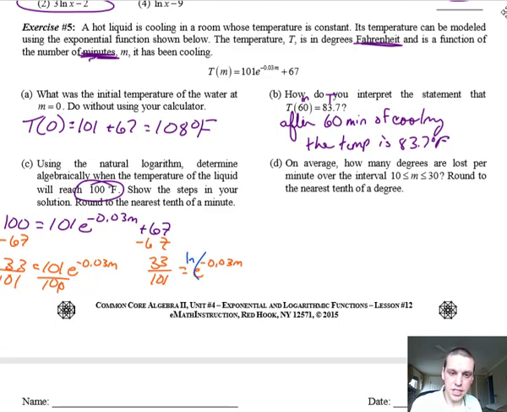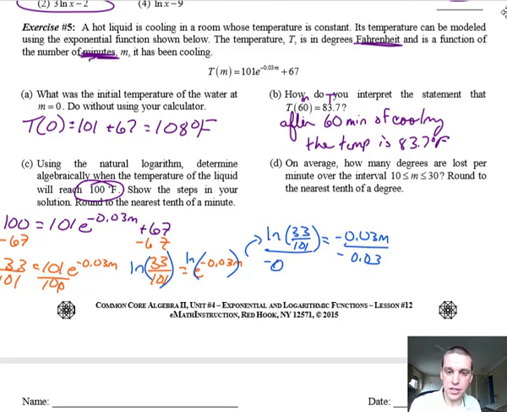So what we're going to do is take the natural log of each side. Just like we took the logarithm of both sides last lesson, now we're going to take the natural log of both sides. When we take the natural log of both sides, we're going to get ln of 33 over 101 equals, notice that the ln and the e are inverses, we just talked about this, so we're left with negative 0.03 m. The last thing to get m alone is to divide by negative 0.03, and you can use your calculator.